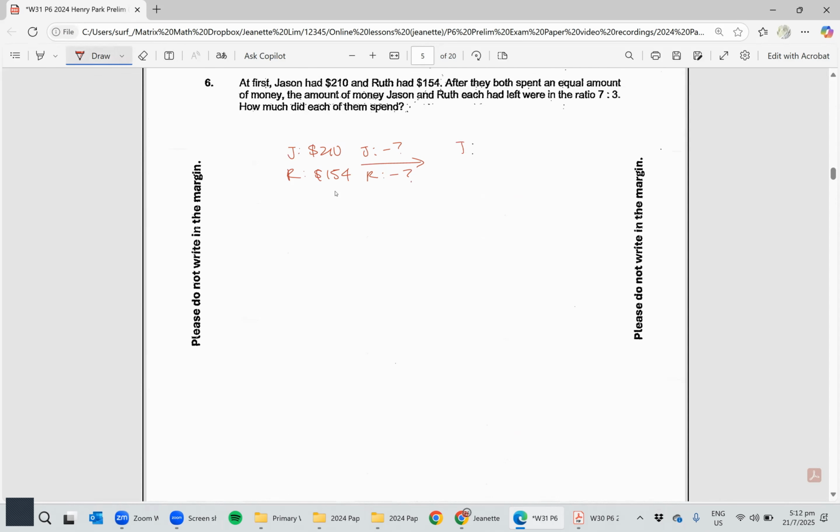In the end, the ratio is 7:3. So in this question here, what doesn't change? If they spend the same amount of money, it is the difference that doesn't change.